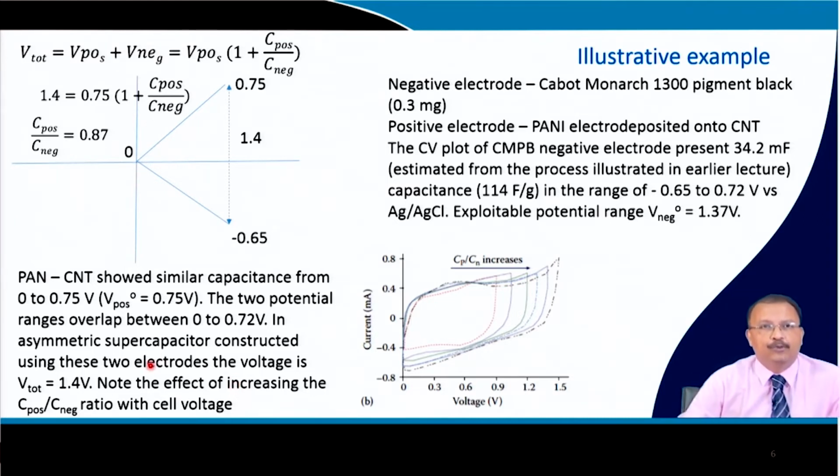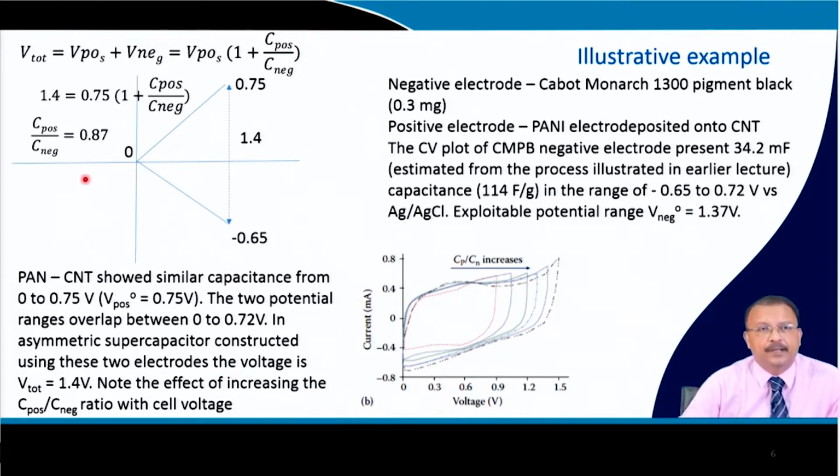So, the total voltage that you will get, you can see from here. From 0 to roughly 0.75 I have taken, and the negative one is discharge from 0 to minus 0.65. So, this total voltage range is 1.4 volt maximum that we will be able to get out of this supercapacitor.